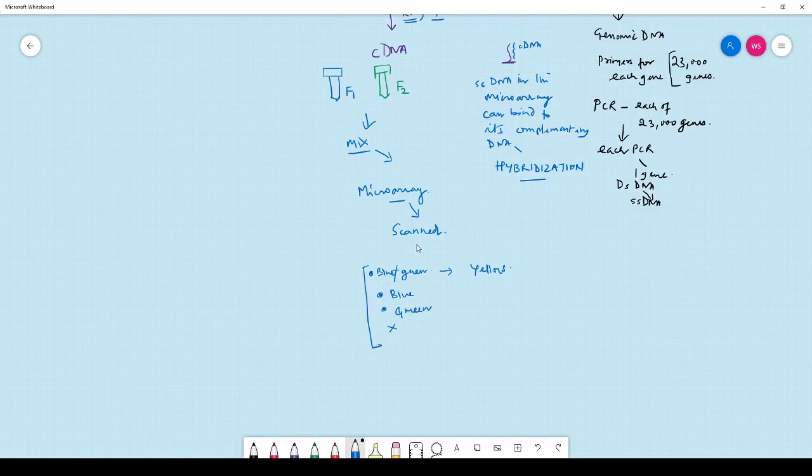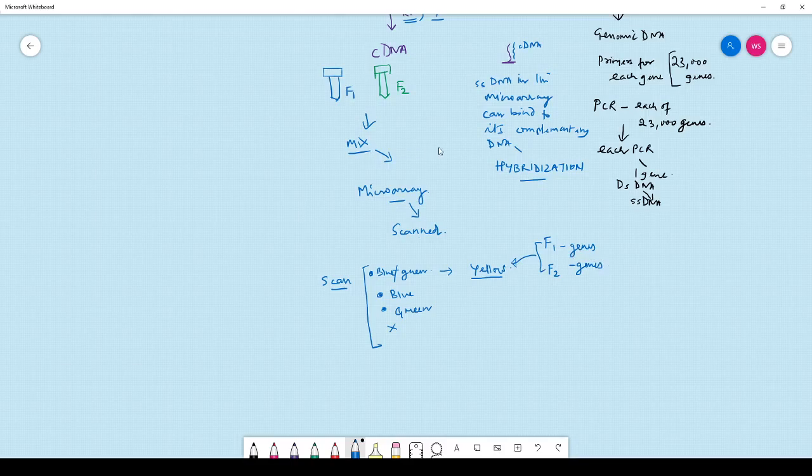So this is the result of a scan. The scan shows places where there is an overlap. What does overlap mean? Overlap means F1 and F2 both have genes that hybridize.